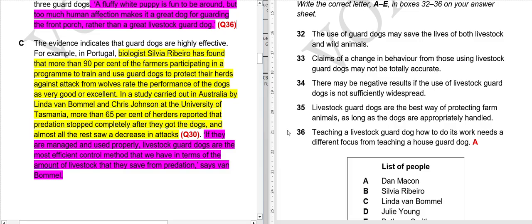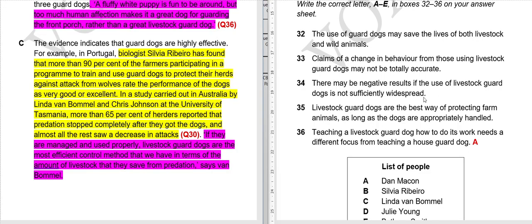There is nothing about that. Claims of a change in the behavior from those using livestock guard dog may not be totally accurate. This person is just saying that if guard dogs are managed and used properly, they are the most efficient control method to save our sheep, cattle.